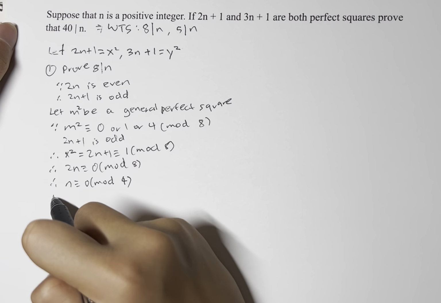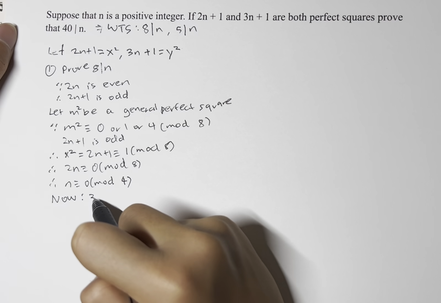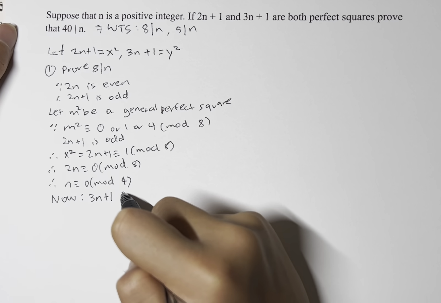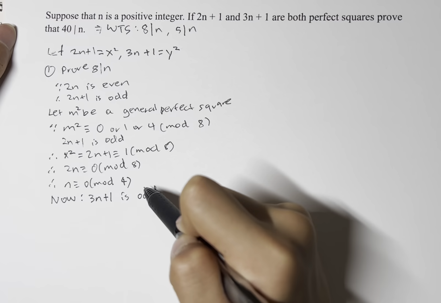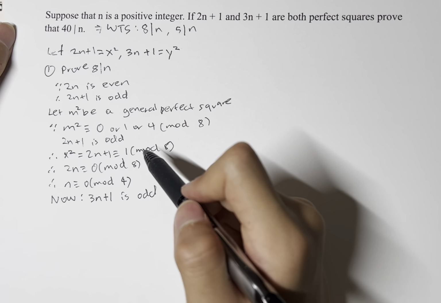And now we can get that 3n plus 1 is odd. 3n will be even because n is a multiple of 4, so 3n plus 1 is going to be odd.